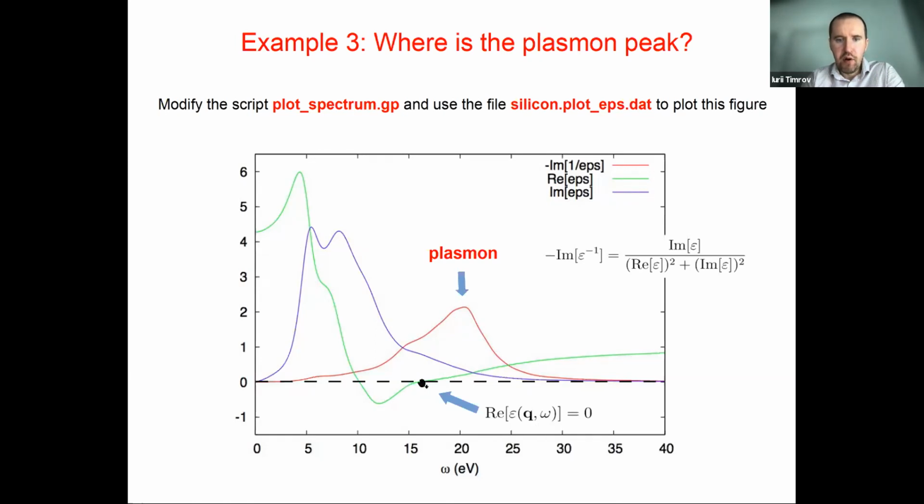So we have 0, but we go from a negative value to a positive value. This happens around 16 eV, and the plasmon is around 21 eV. So you see, it's not really exactly the same energy. This is because of the broadening effects. But more or less, we can identify that actually this intense peak is the plasmon.